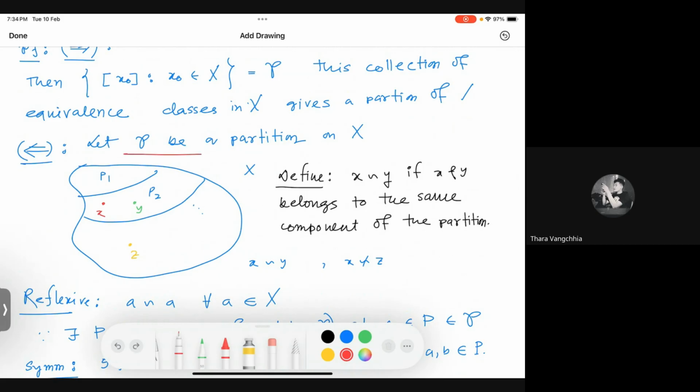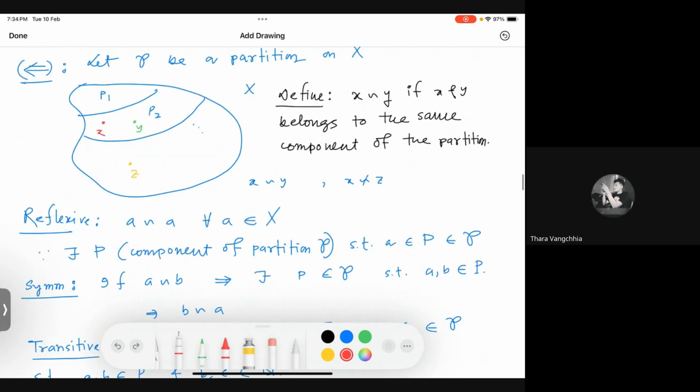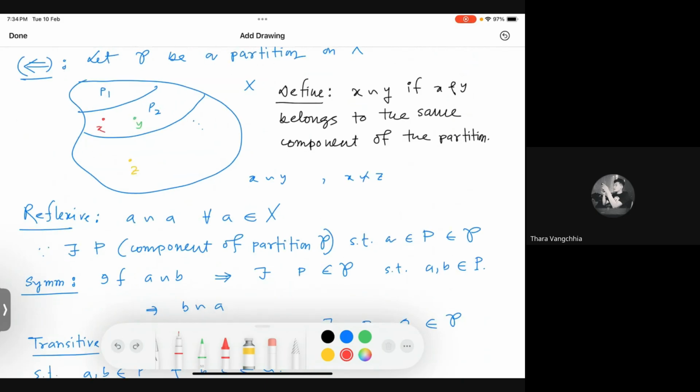Now, if you have a partition, does it imply there exists an equivalence relation? Yes. How? Why is this reflexive? Because a is related to a. If a belongs to P1, then a belongs to P1. So this is true for all a belongs to X. So that's why this is reflexive.